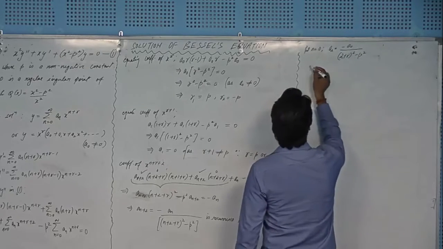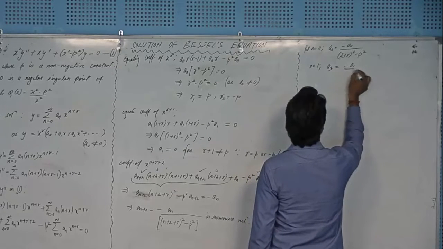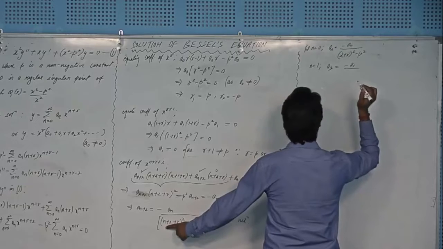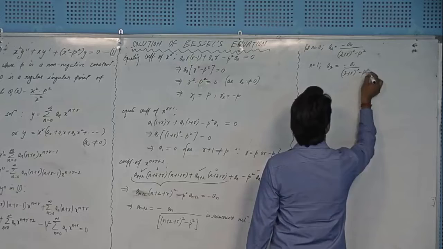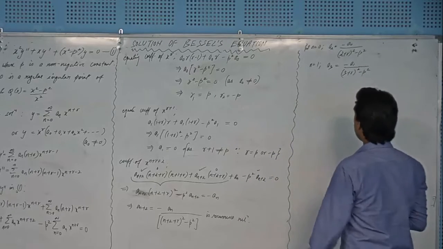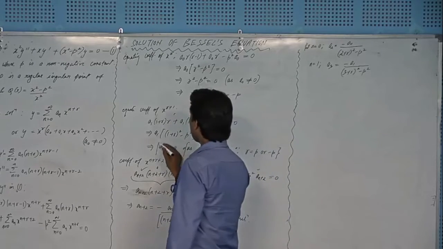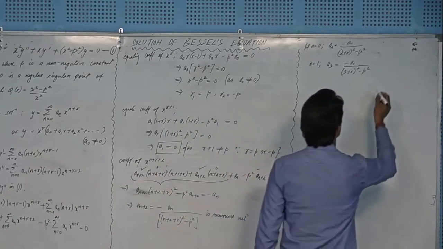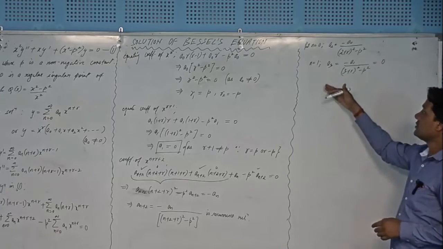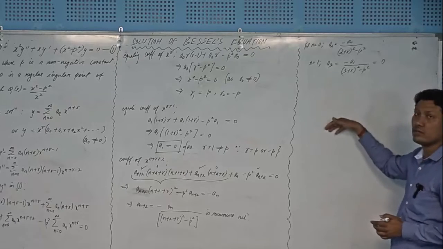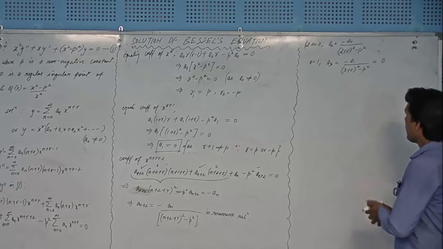Putting n equal to 1 will give you a3 equal to minus a1 divided by (3+r) whole square minus p square. Since a1 was calculated earlier and was equal to 0, this goes to 0. So it appears that all odd coefficients will be 0. Similarly, a5 will be 0 because it depends on a3, a7 will depend on a5, so all of them will be 0.